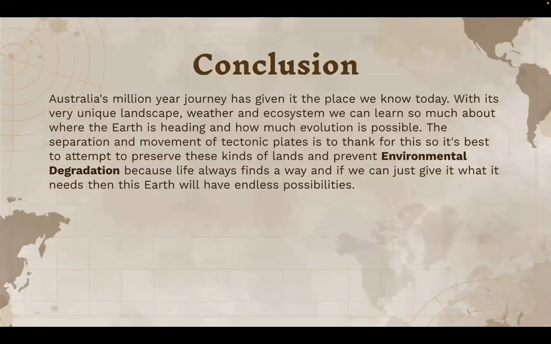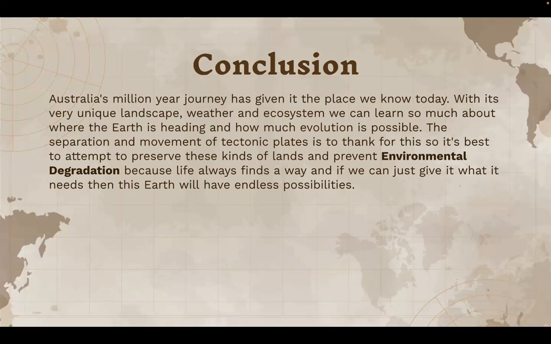So in conclusion, Australia's million-year journey has given it the place we know today. With its very unique landscape, weather, and ecosystem, we can learn so much about where the Earth is heading and how much evolution is possible on this planet. The separation and movement of tectonic plates is to thank for this.